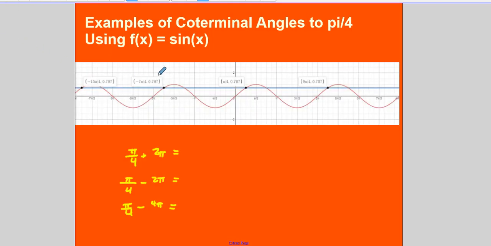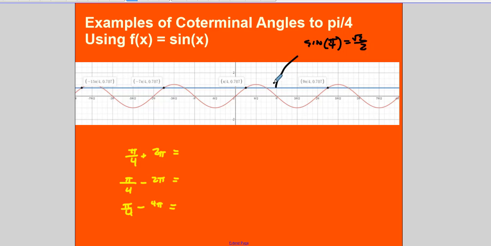Alright, so here's the sine. I've graphed here the sine function in red. I'm going from basically -4 pi, although it's not on the screen, up to 4 pi. So I have graphed a blue line here, and this is going to be equal to sine pi over 4, which is square root of 2 over 2.